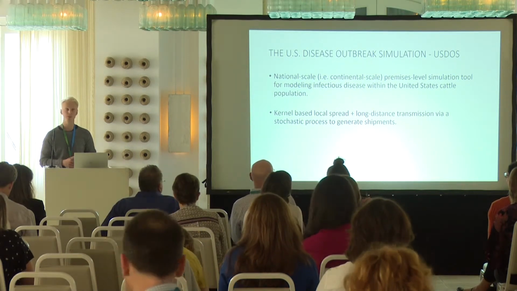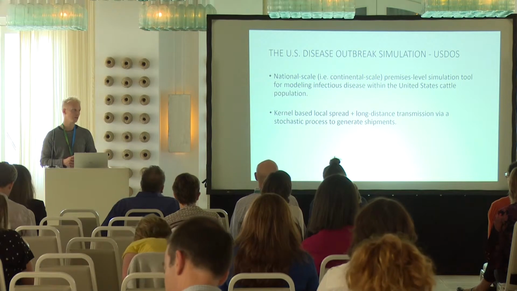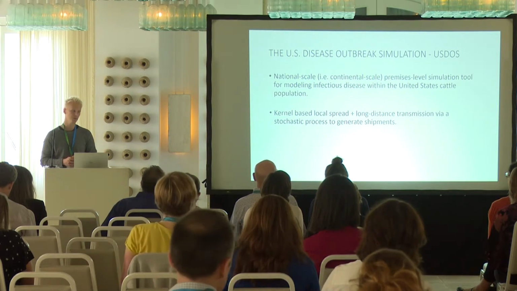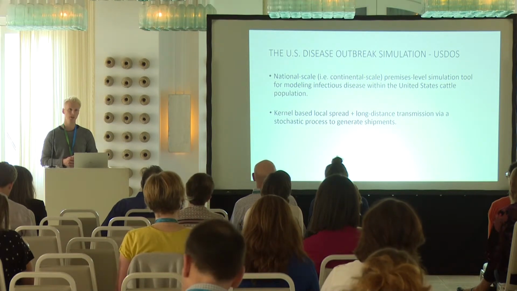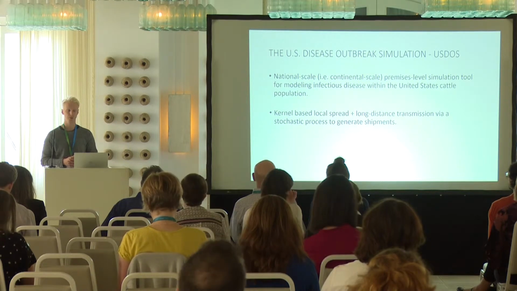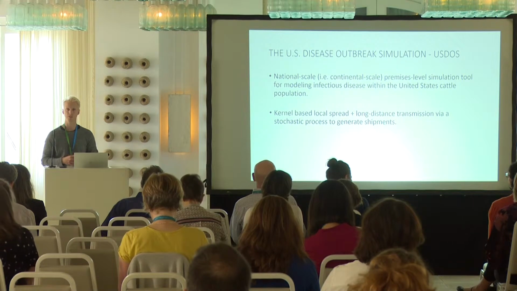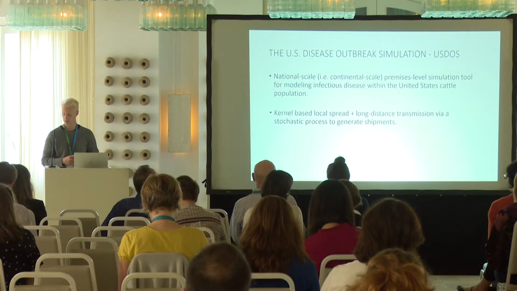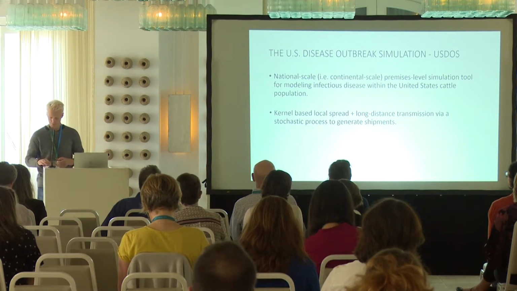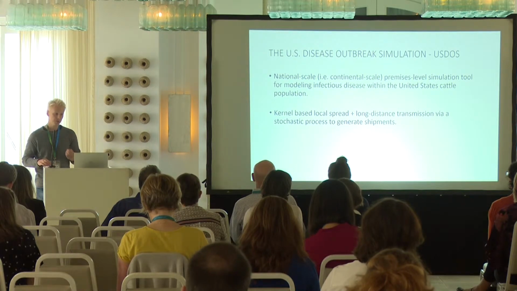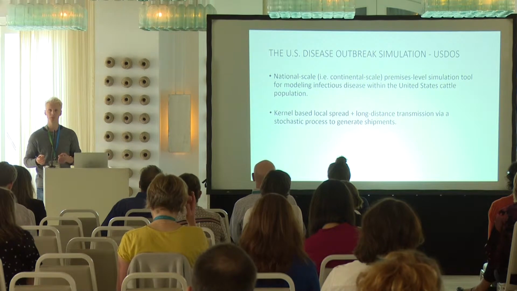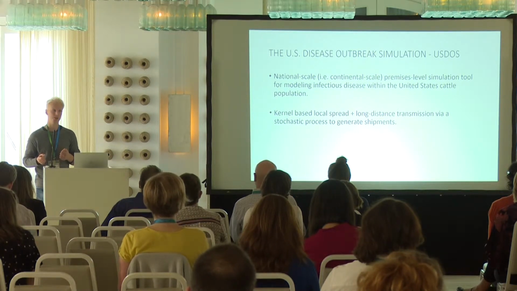The model consists of two main components. There's the kernel-based local spread component, as well as a long-distance spread component, the transmission via a stochastic shipment generation process built in. So constructing this kind of model for the US comes with a number of challenges.